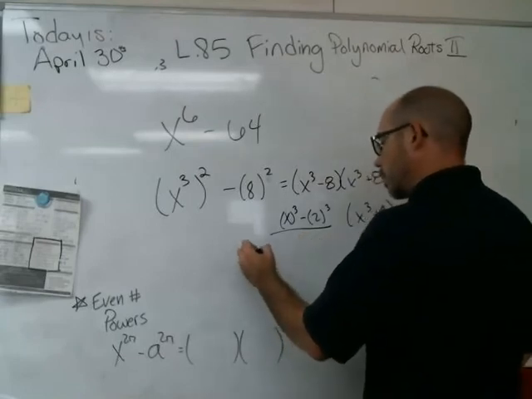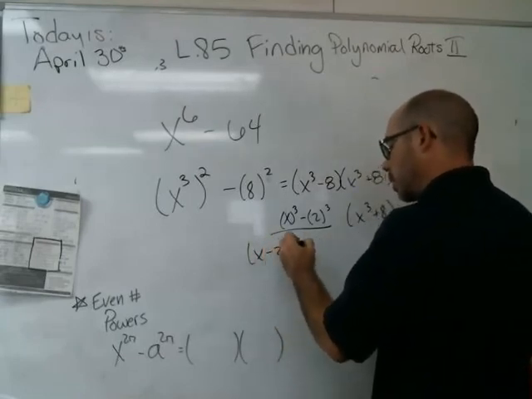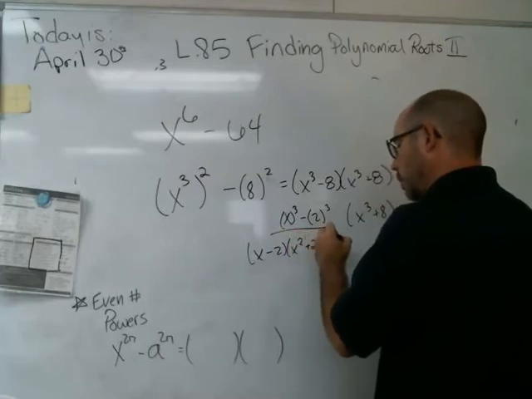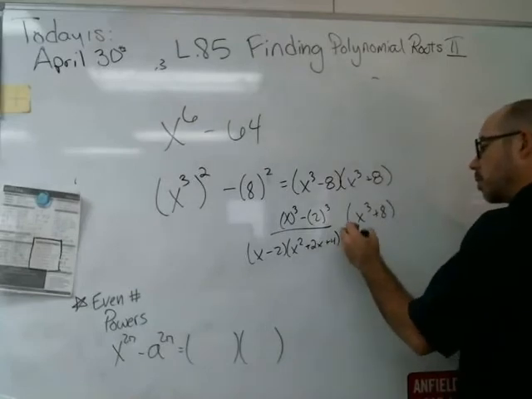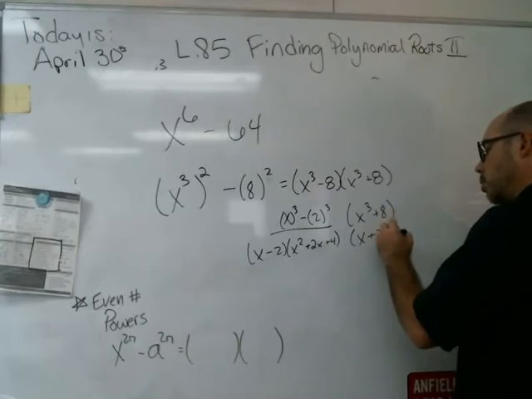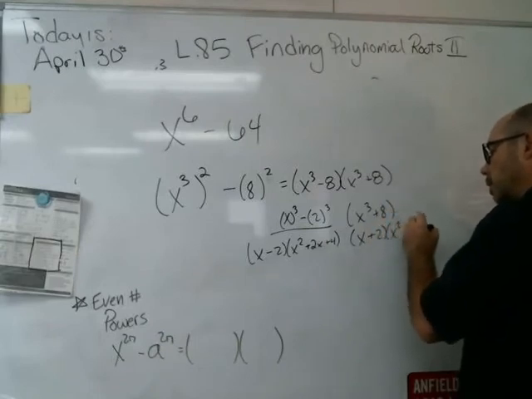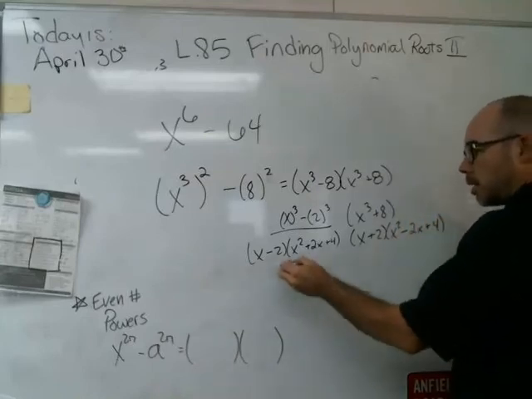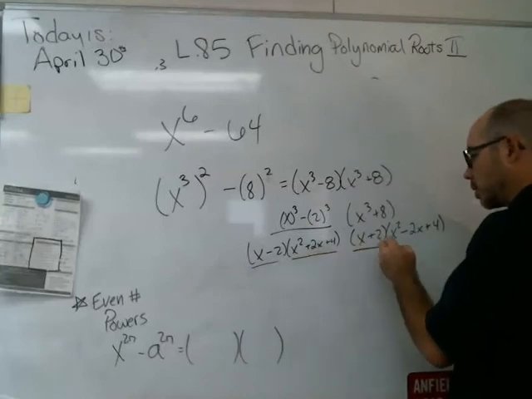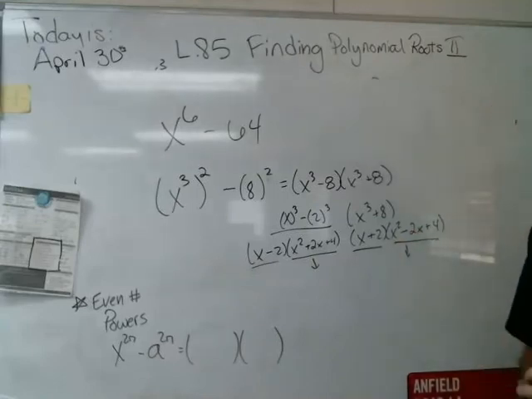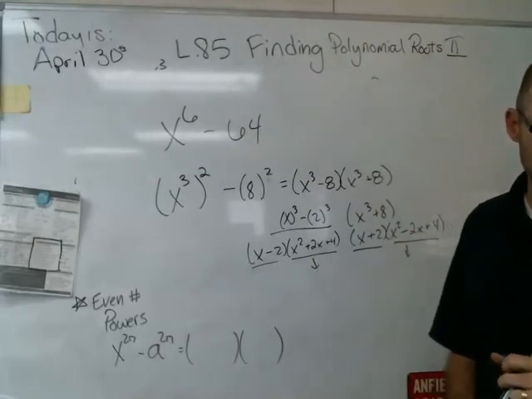This one gets broken down to x minus 2 and then x squared plus 2x plus 4. And this one gets broken down into x plus 2, x squared minus 2x plus 4. So we get this, this, this, and this. Maybe these can be broken down again. Maybe you get complex conjugates.